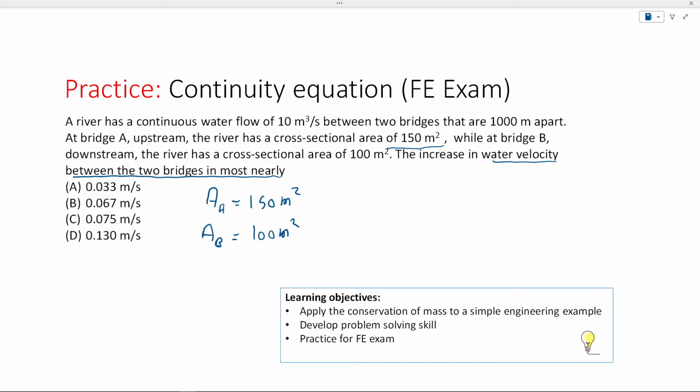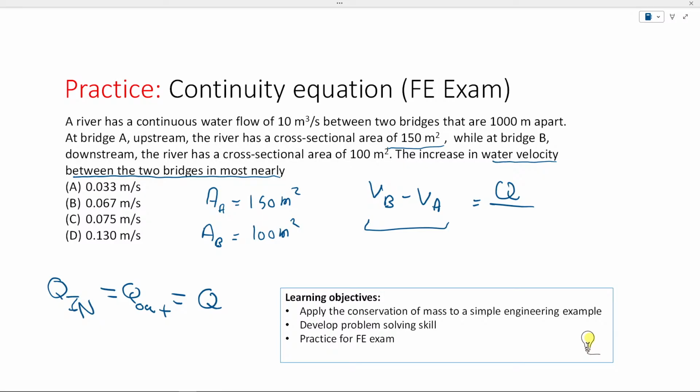What does increase in water velocity mean? Remember, this means that the change in velocity, VB minus VA, is the increase in water velocity. That is what is being asked. And that would be simple because Q is constant, because remember, Q in is equal to Q out is equal to Q. If you understand this principle, you will say, oh, this is easy.